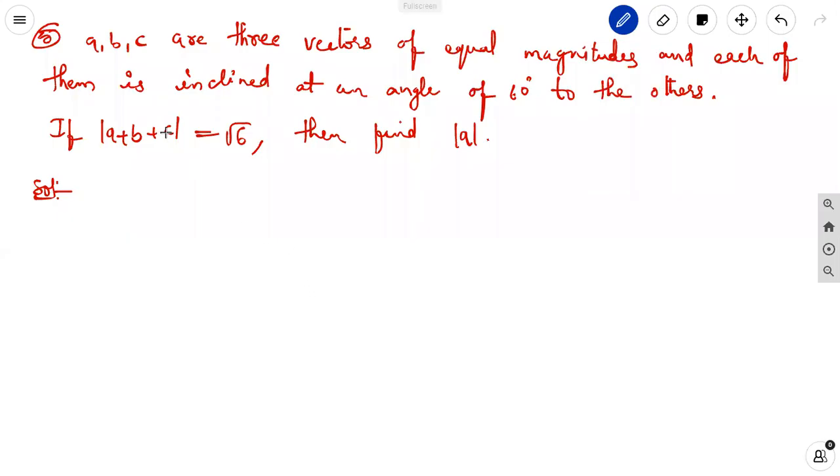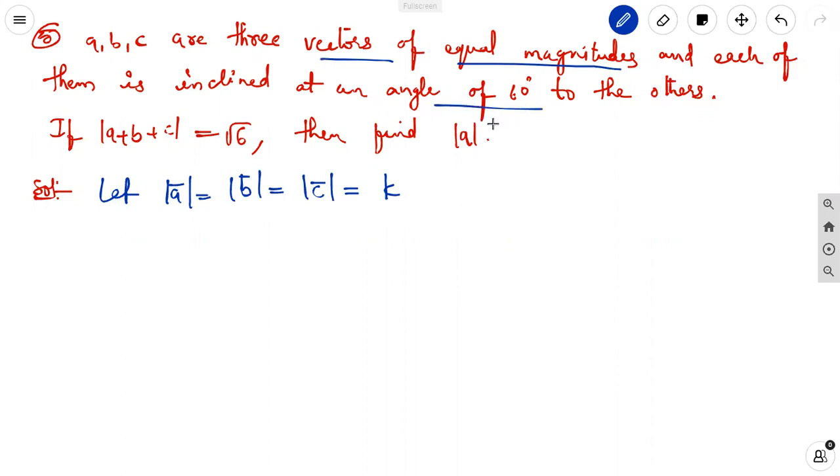Fifth problem. A, B, C are three vectors with equal magnitudes. Equal magnitudes means the modulus of the vectors equal to some constant value. So let mod A vector equal to mod B vector equal to mod C vector, having equal magnitude, let it be K. And each of them is inclined at an angle of 60 degrees.